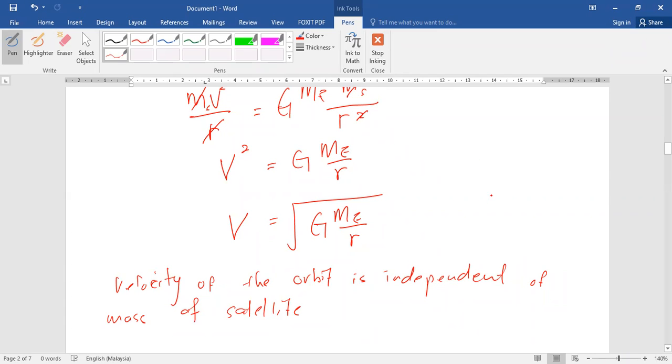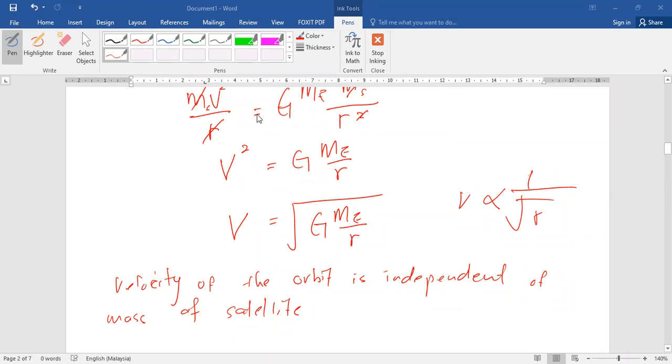So v will be inversely proportional to the square root of r. So the velocity of the satellite depends on r, but does not depend on the mass of the satellite. No matter how big or how small the satellite is, at the same distance from the Earth, they will move with the same velocity.